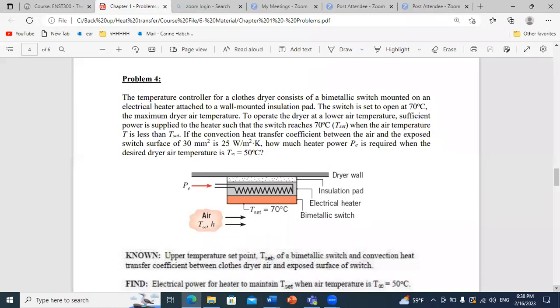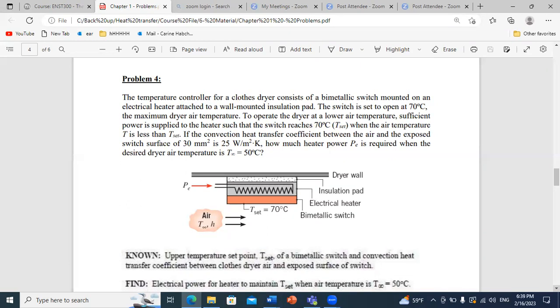To operate the dryer at a lower air temperature, sufficient power is supplied to the heater such that the switch reaches 70 degrees when the air temperature T is less than T set. If the convection heat transfer coefficient between the air and the exposed switch surface of 30 millimeters square is 25 watt per meter square Kelvin, how much heater power is required when the desired dryer air temperature is 50 degrees?